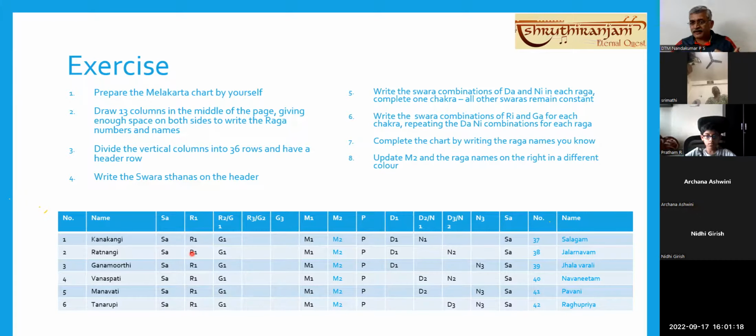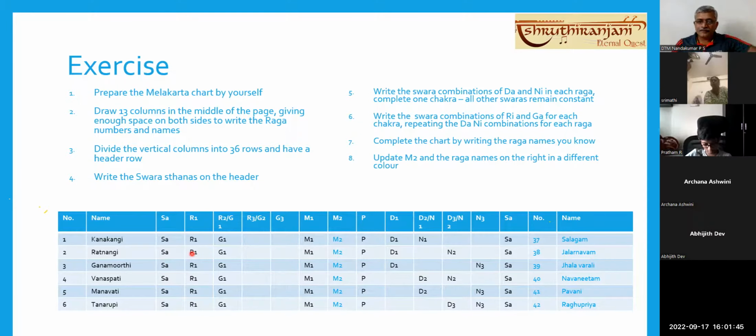You already identify with Ga 3 that it is the sixth chakra, and then in that it is the sixth raga. So what is the number of the Melakarta raga? Can anyone tell? Sixth chakra, sixth raga. What will be the number? 36. Okay, so it is born out of the 36th raga Chalanata. That's why it's called Nata raga.